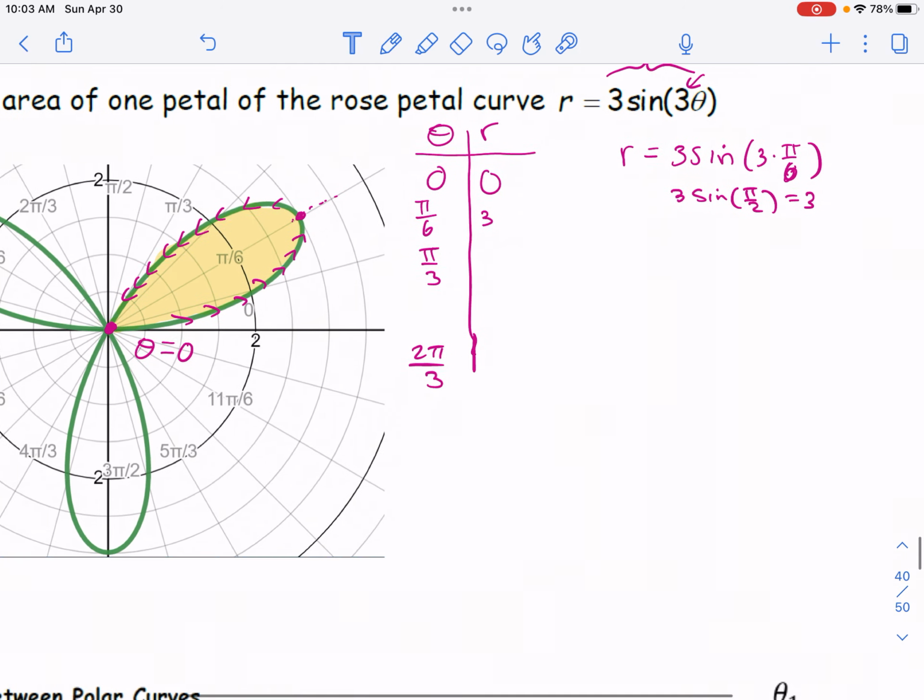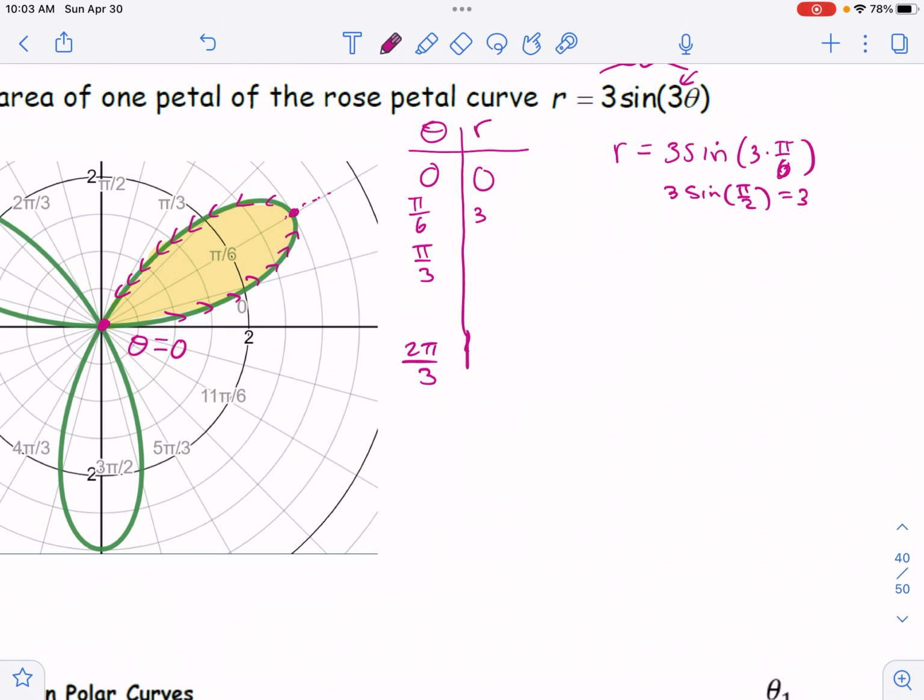And I think by my reasoning here, you can see it's going to be pi over 3. But let's just check. So that's 3 sine of pi, which is just 0. So at pi over 3, this polar curve comes back to the pole, and it'll produce one full petal. So those are my limits of integration.